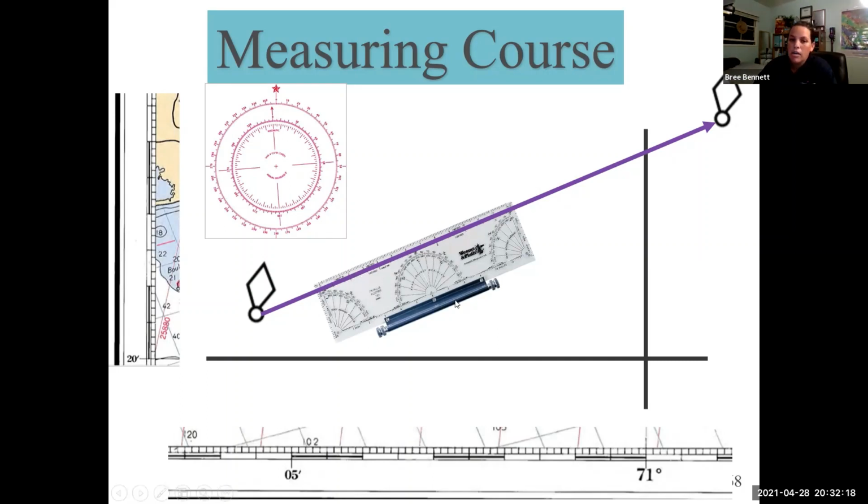So you're going to line it up perfectly and then parallel it, meaning just move it across the chart to a compass rose. So you are aiming for one of the compass roses on the chart.